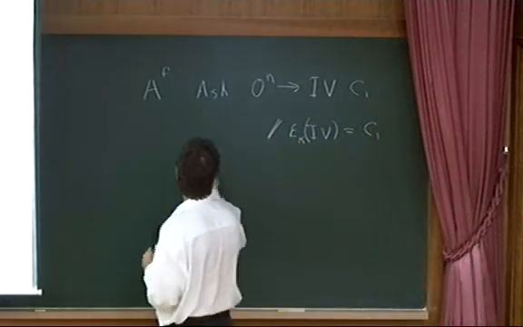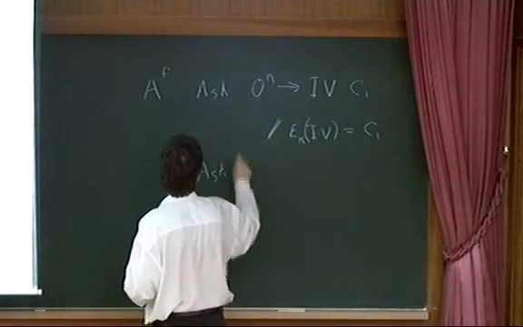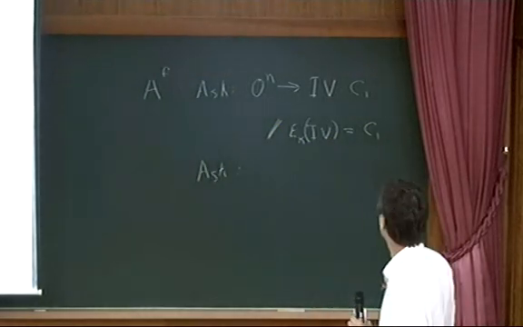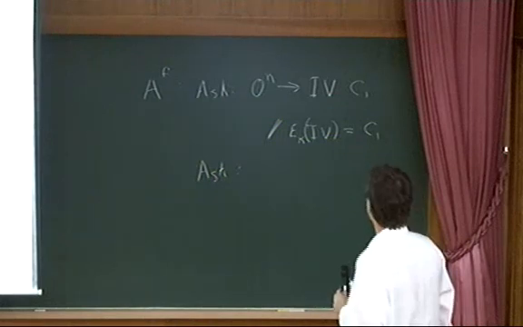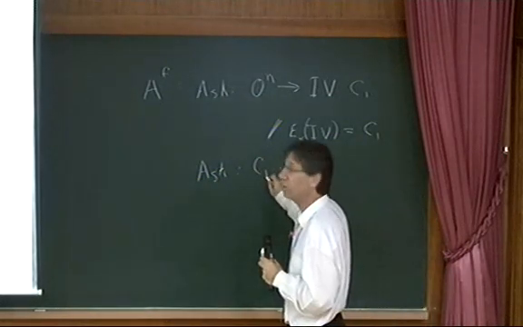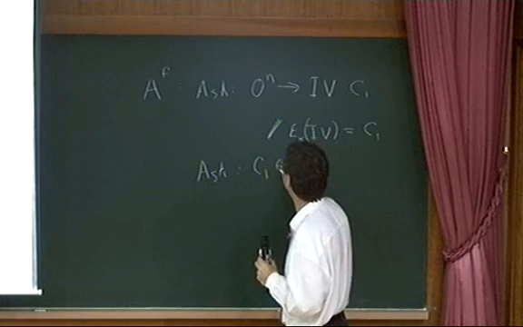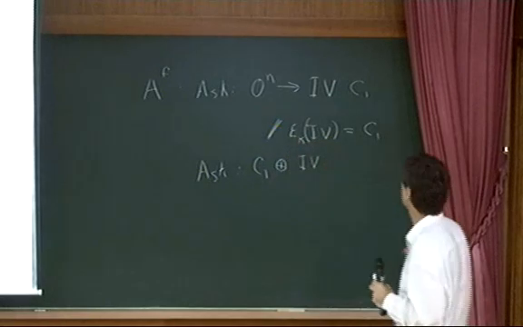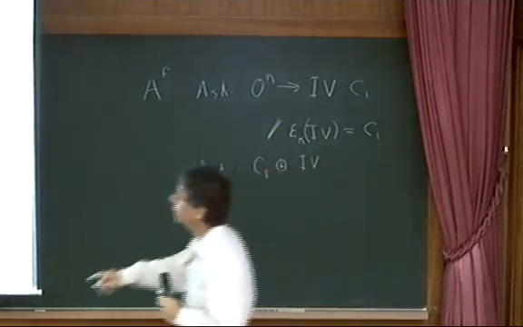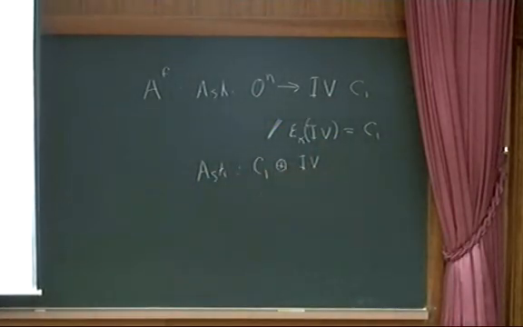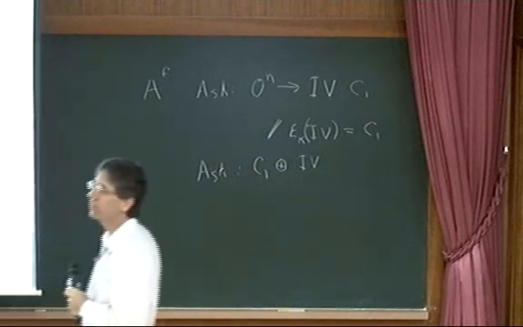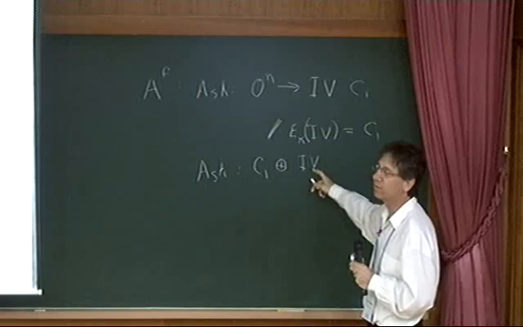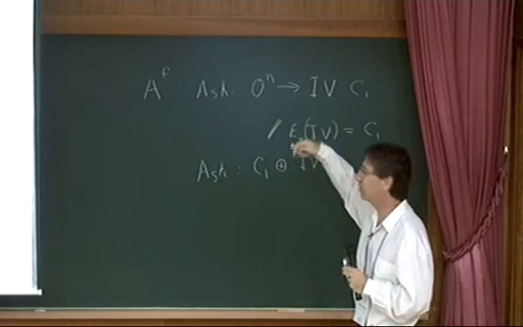So next I will ask what string? C1 XORed with IV. If I ask C1 XORed with the IV, the new IV comes in, it cancels out with C1, and IV is the value that is fed into the first block cipher call.